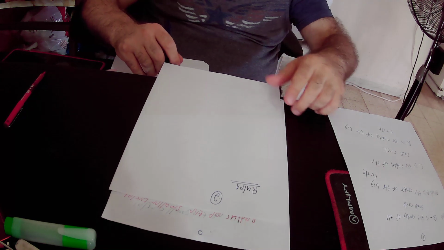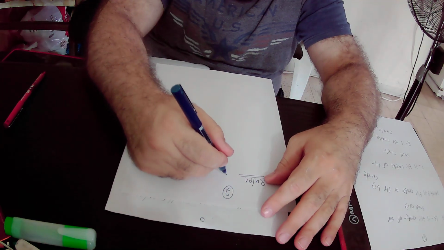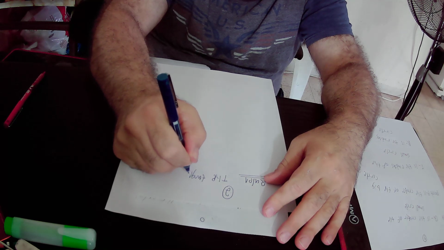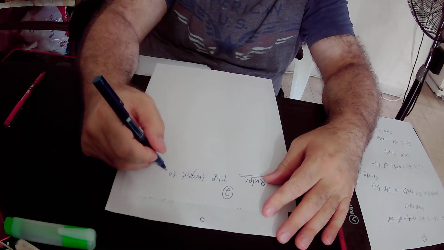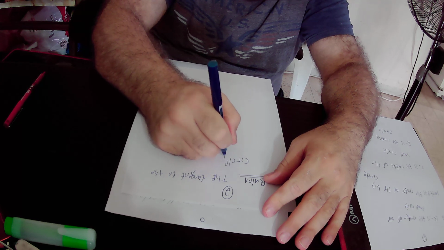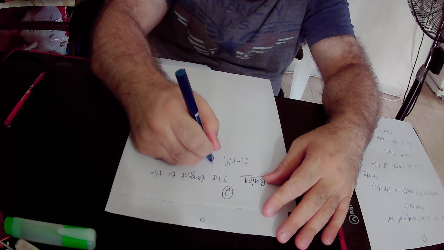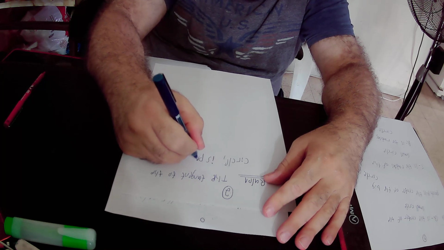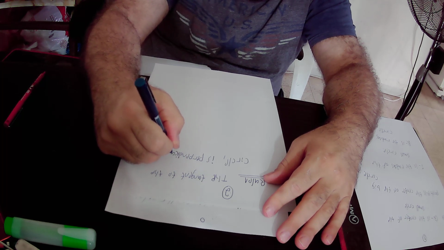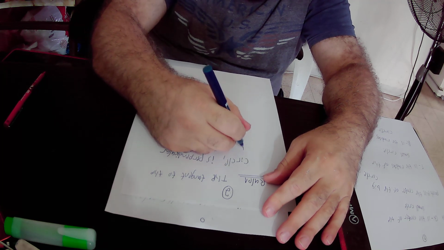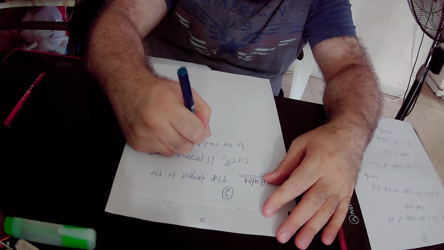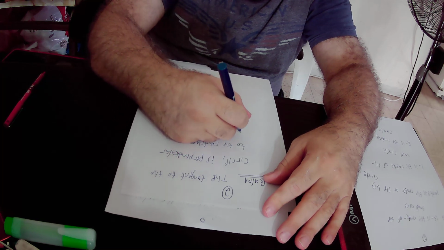According to rule number 1, the tangent to the circle is perpendicular to the radius at the tangent point.